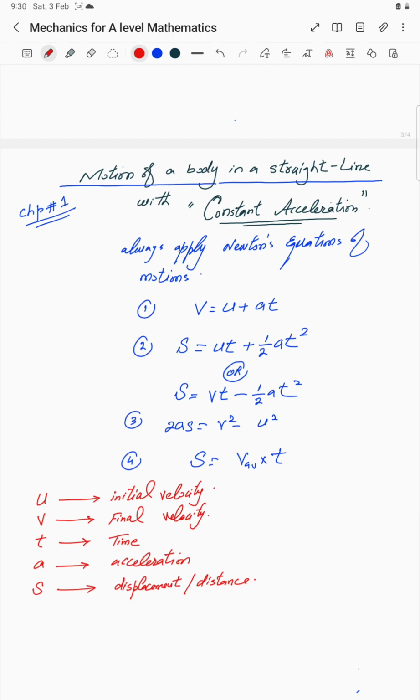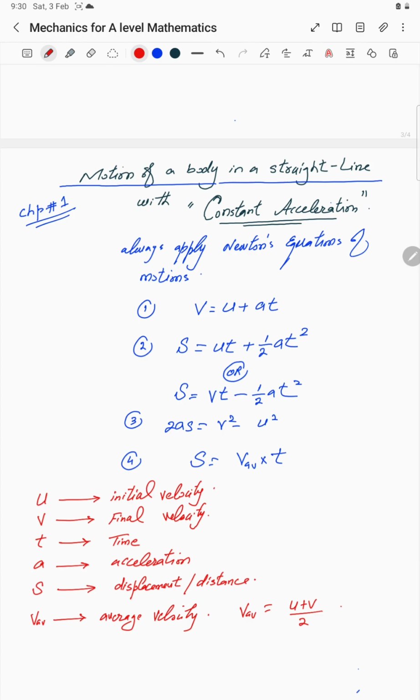Here v_av is called average velocity, and it can be written as the sum of the two velocities, that is, u plus v by 2. We can formulate it like this.